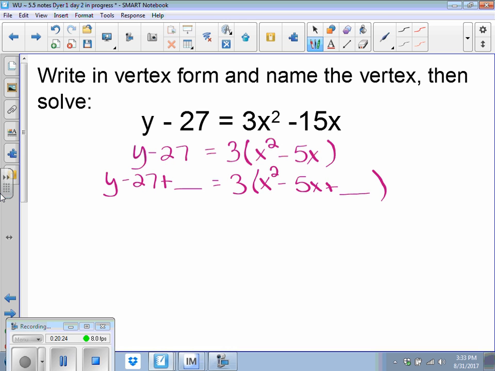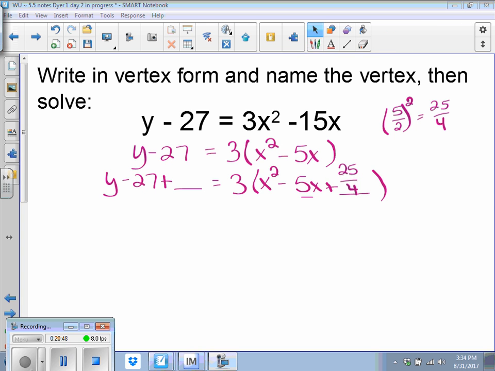So let's figure out what makes this a perfect trinomial. So we take our middle term, which is 5. 5 divided by 2 is 5 halves. When we square that, we get 25 fourths. So we added 25 fourths to that side.